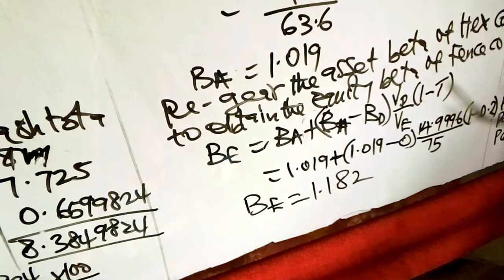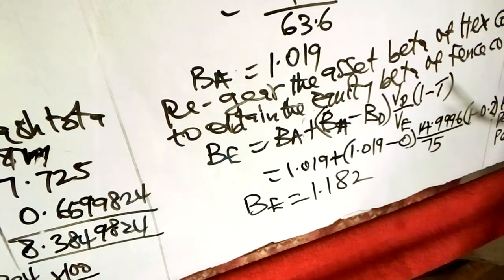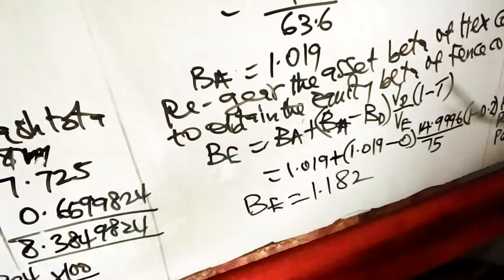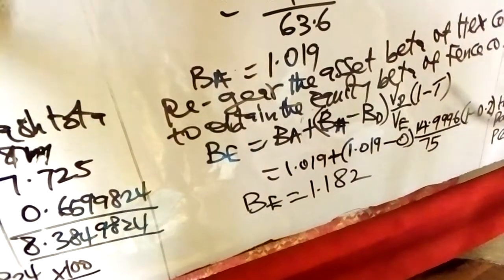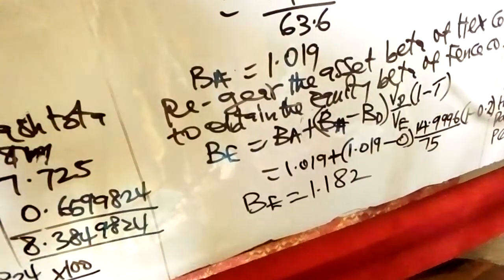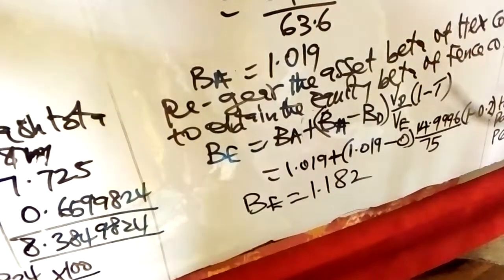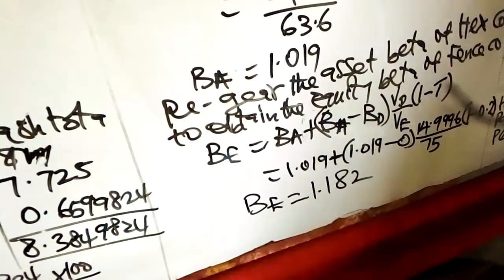Now that we have obtained the equity beta of FENSCO, you now substitute it in the capital asset pricing model formula in order to obtain the cost of equity.